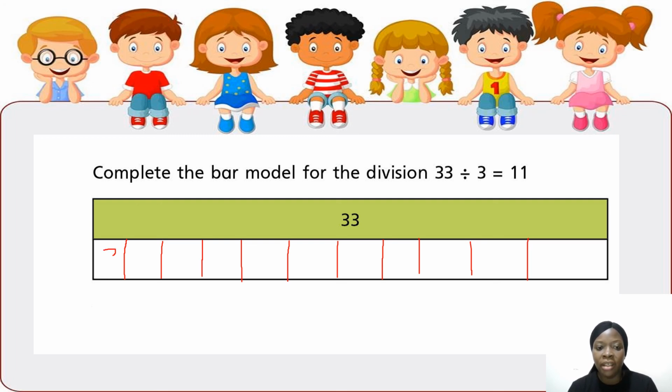So we have 3, 2 threes, 3 threes, 4 threes, 5 threes, 6 threes, 7 threes, 8 threes, 9 threes, 10 threes, and finally 11 threes. So this would be our bar model representation when we divide by 3. There are 11 groups of 3. 33 divided by 3 is equal to 11.